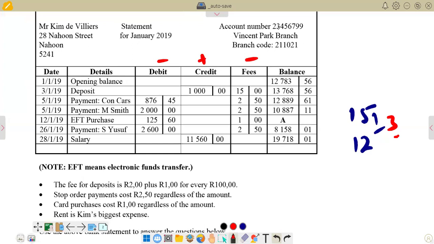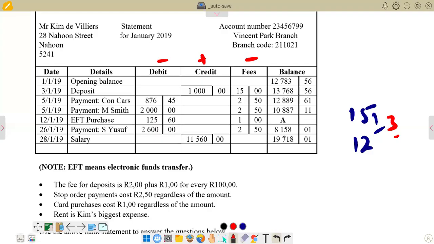So let's just go through the calculation. We come here, and we see that the final balance that we have after including the 15 rand, which is incorrect, is 19,718. Inside 19,718 we adjusted for 15 rand. We subtracted a bigger figure there of 15 rand, which was supposed to be 12 rand, and it was bigger by 3 rand.